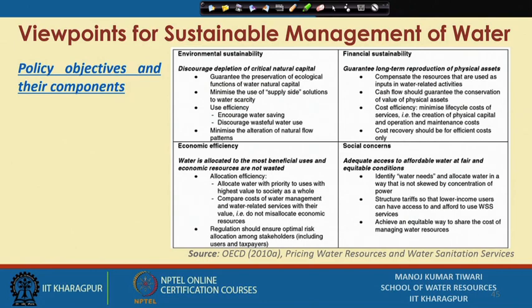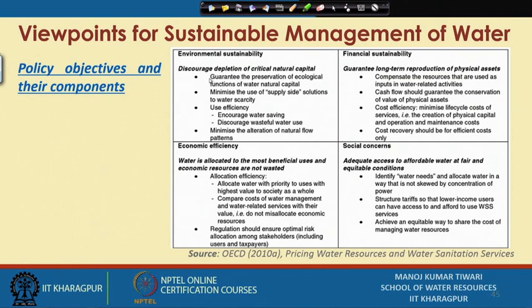Your environmental sustainability objective discourages depletion of critical natural capital. Water is your critical natural capital. The environmental sustainability aspect says that water should be judiciously used so that ecological or environmental sustainability is ensured.